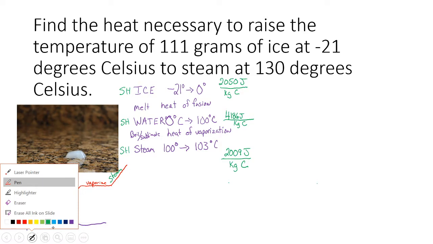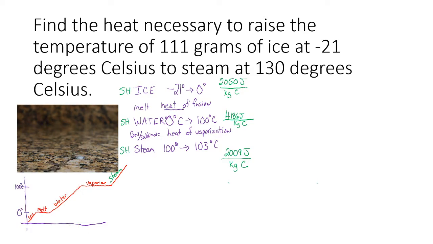Now I also want to look up the heat of fusion and vaporization on the chart for water. The heat of fusion of water is 334,000 joules per kilogram. Whoa. And the heat of vaporization, this is where a lot of energy is used, is in boiling.